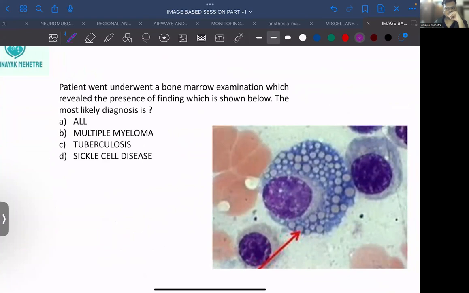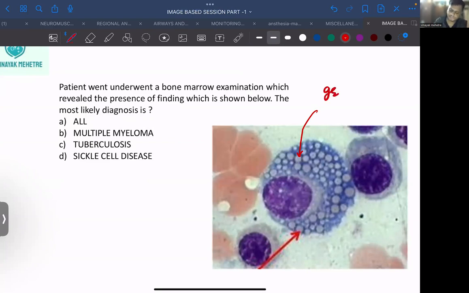What do you think? It looks like a grape cell, right?